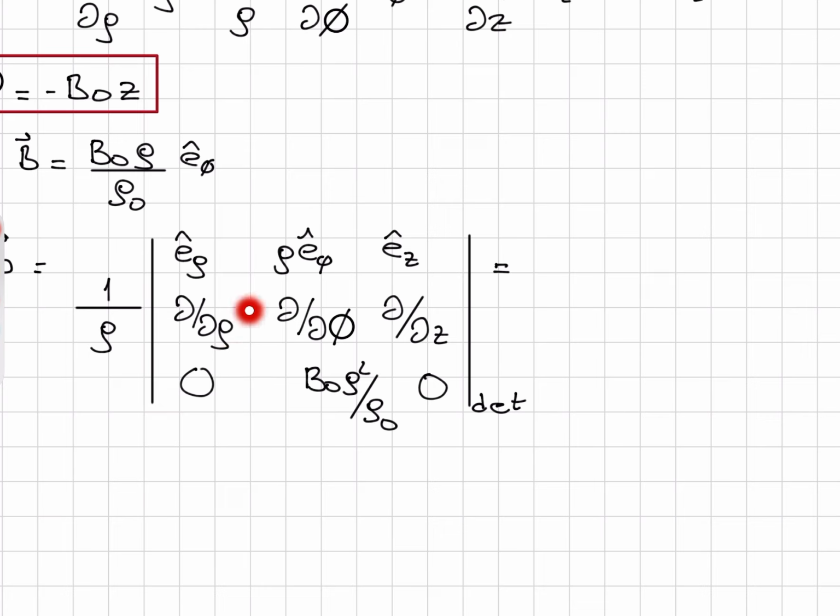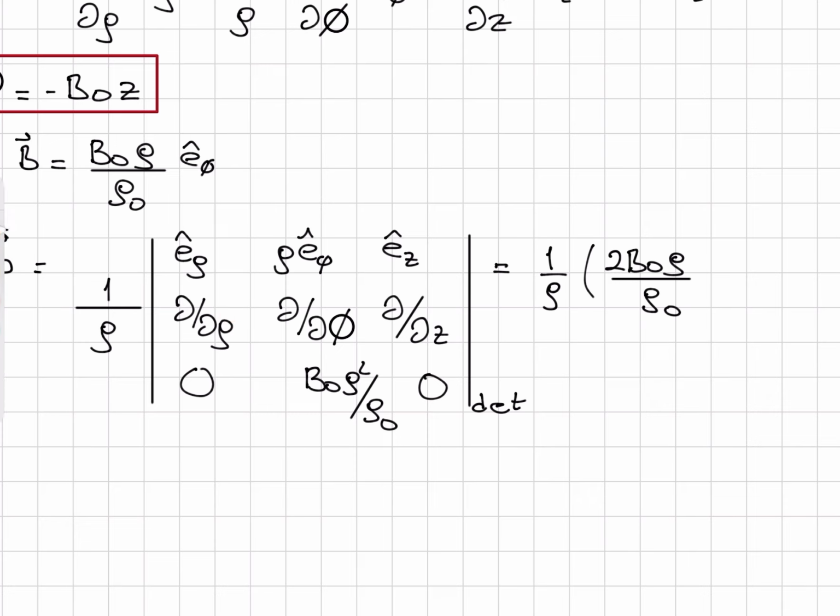For the second term, the rho derivative of 0 is 0, the z derivative of 0 is 0, so no contribution from e phi hat. There would be a contribution from e z hat, which is due to del rho, so I would have 1 over rho times the derivative, which gives me 2 B0 rho over rho 0, minus 0.